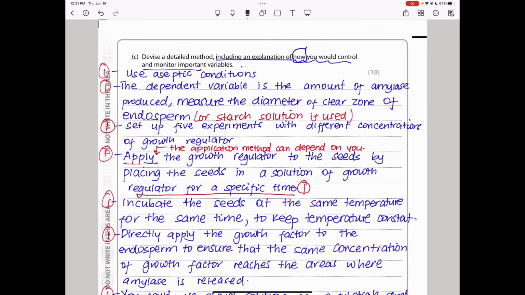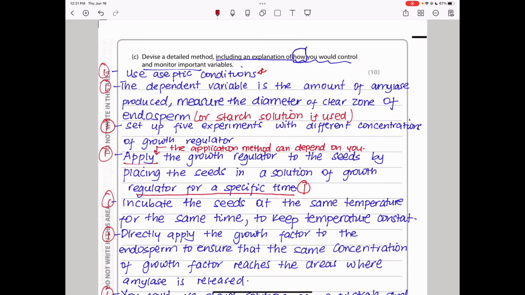They say, design a detailed method, including an explanation on how you would control and monitor the variables. Now, since here we are working with a biological material, we have to always begin by stating that we carry out all the experiment under aseptic conditions. This prevents contamination from occurring. And then you state the dependent variable to the examiner.